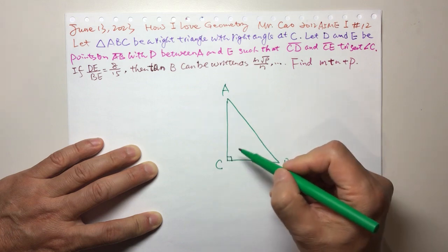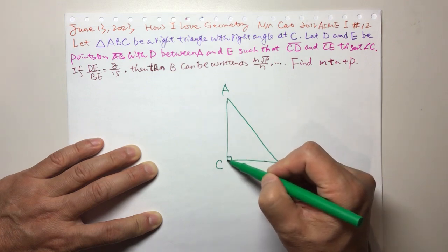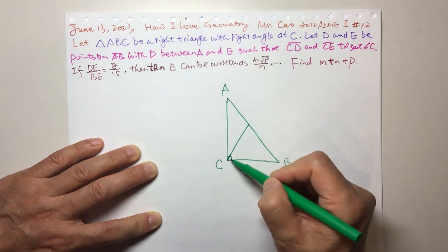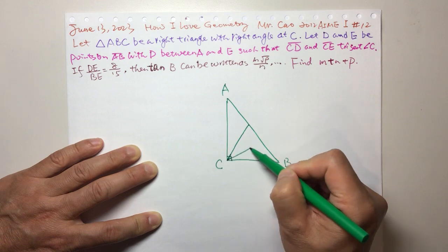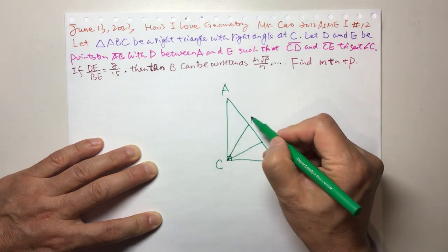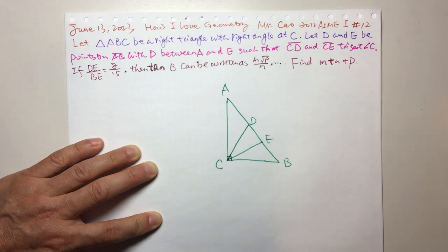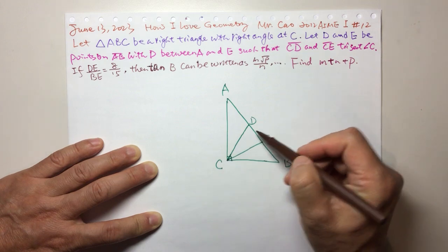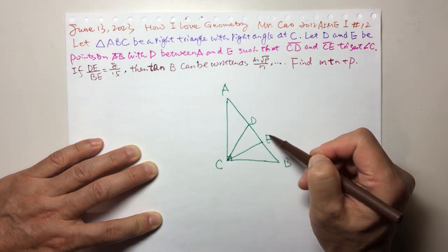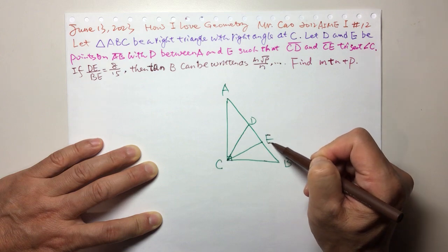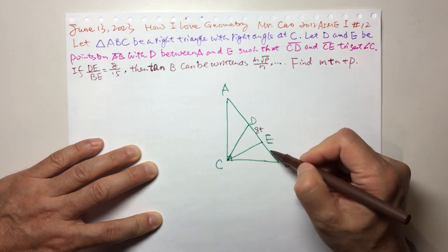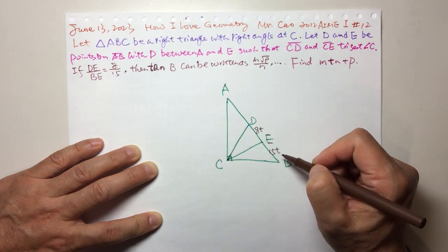Trisect means 30 degrees, right? So here is D, here is E, and it says DE over BE is 8 to 15. So I say 8t, 15t, right?